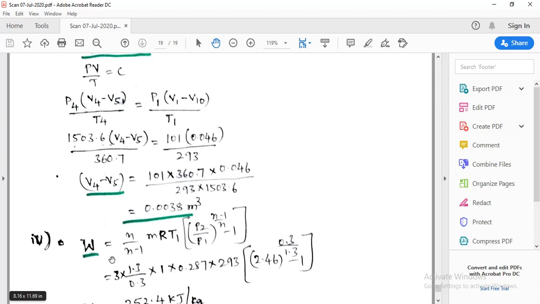Next, the work done per kg is given by work done equal to n divided by (n minus 1) times mR P1 times (P2 by P1) whole to the power of (n minus 1) divided by n, minus 1. Because we have to find it per kg, m becomes 1. For 3 stages, I have given 3 multiplied by 1.3 divided by 0.3 into 1 into 0.287 into 293, into 2.46 to the power of 0.3 divided by 1.3, minus 1.